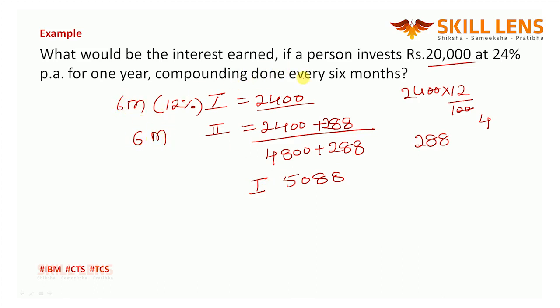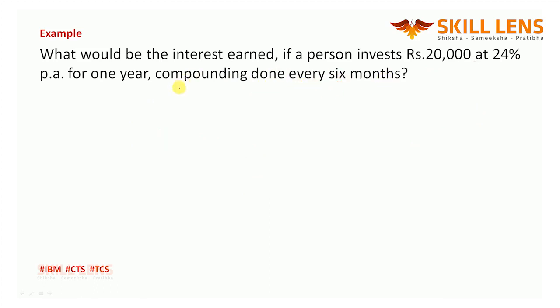Because they are compounding every 6 months. If you want a formula, I can give you the formula to calculate amount. Amount formula is P into 1 plus, what happened to the rate of interest? It's becoming half, and whole power n. But n is how many times you are doing it, 2 times. So 2n.